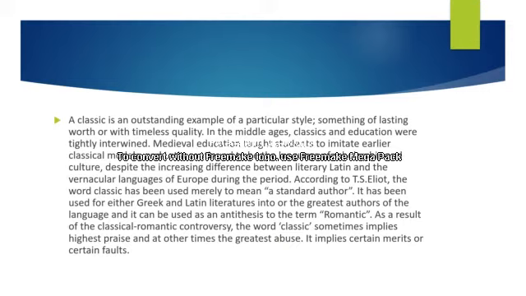It has been used for either Greek or Latin literatures, or to represent the greatest authors of that language, and sometimes it can be used as an antithesis, that is, the opposite, to the term romantic.